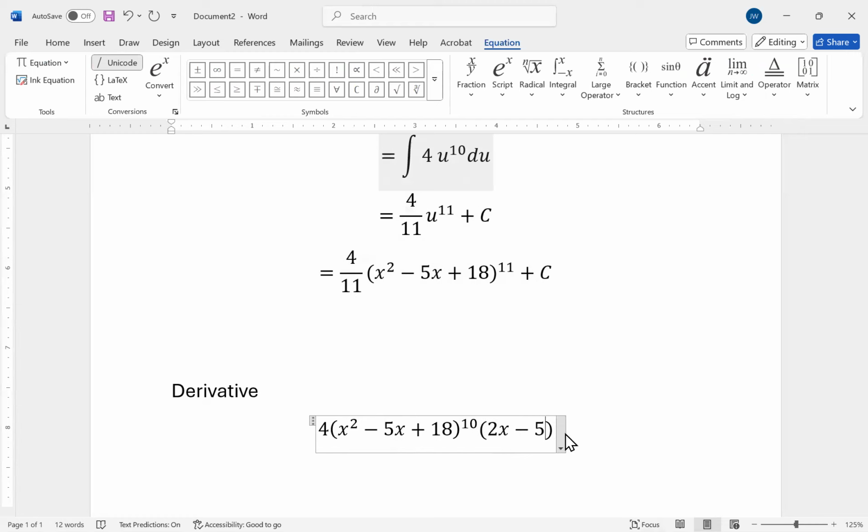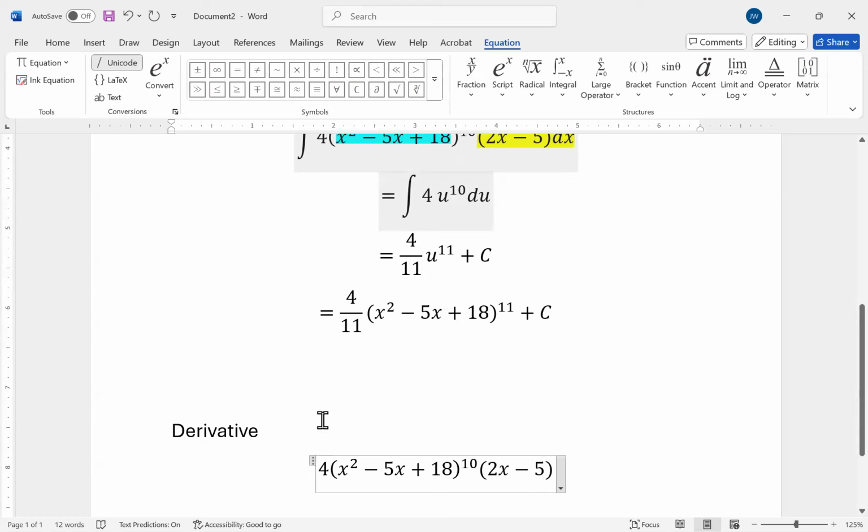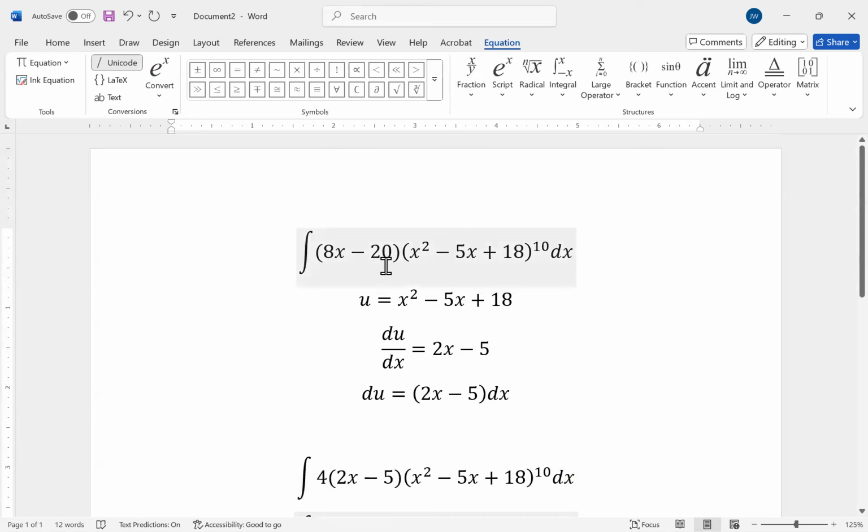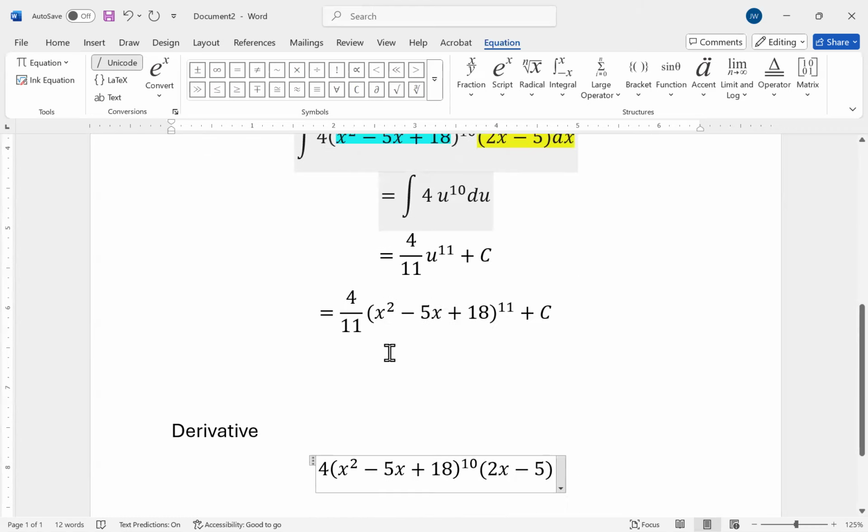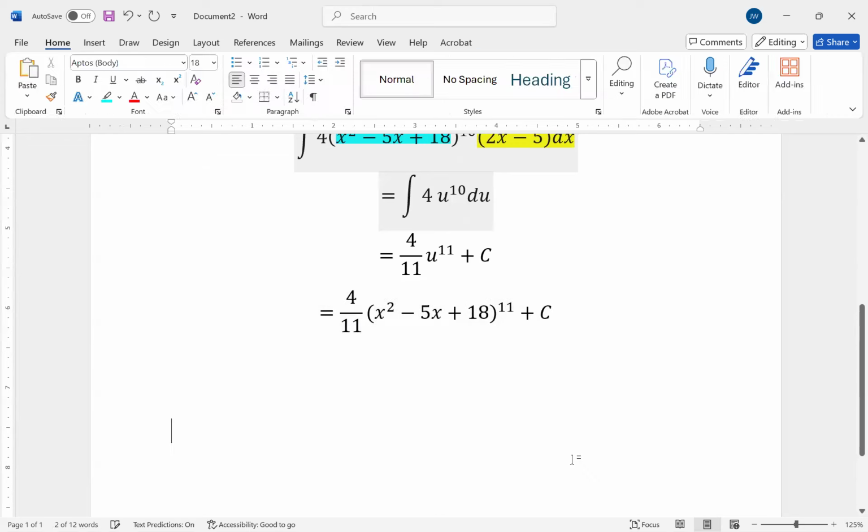When I rewrite that, the 2x minus 5 times 4 would give me the 8x minus 20 I was looking for. So that is one way you can check: take the derivative of it, and that'll check. Obviously, it doesn't ask me to do that, so this is all we need.